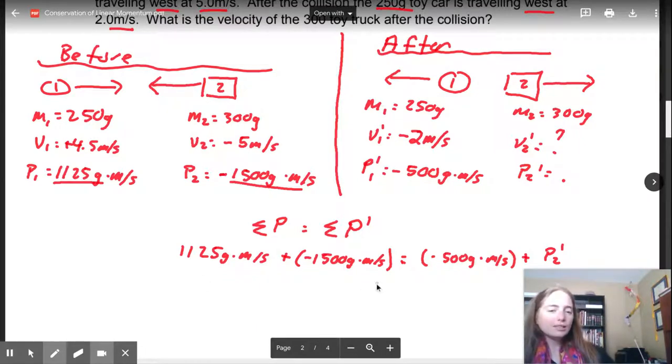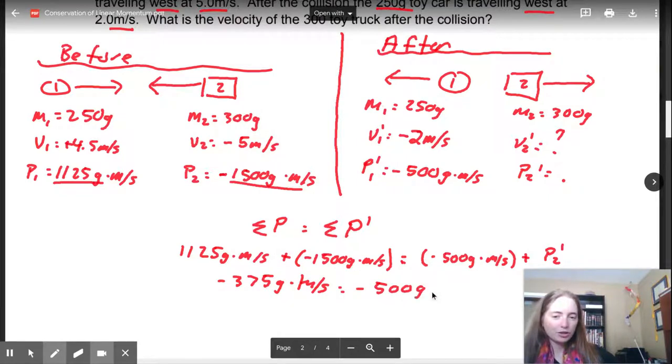So let's start by solving out what we have. So I'm going to add these two guys together. I'm going to get negative 375 gram meters per second, excuse me. And that is going to equal negative 500 gram meters per second plus P2 prime.